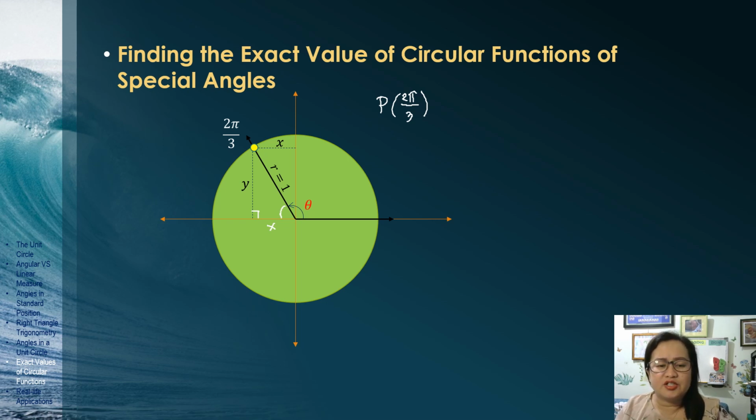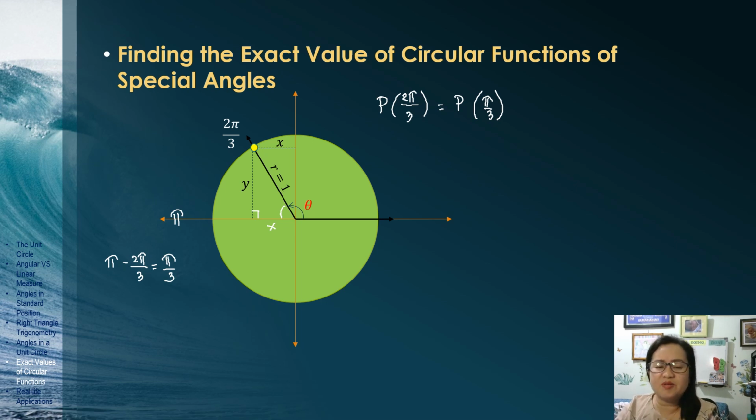Here we know that we have pi. So in order to find our reference angle, we subtract 1 pi minus 2 pi over 3. That means we have pi over 3. So this is just equal to the point of pi over 3. Pi over 3 is equivalent to 60 degrees.